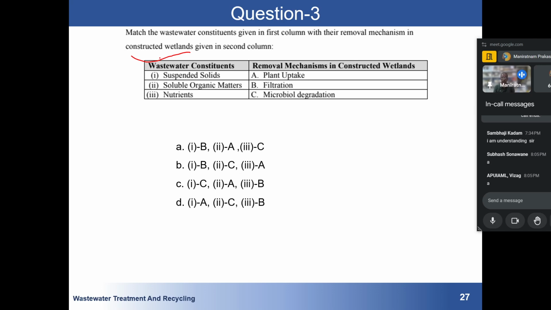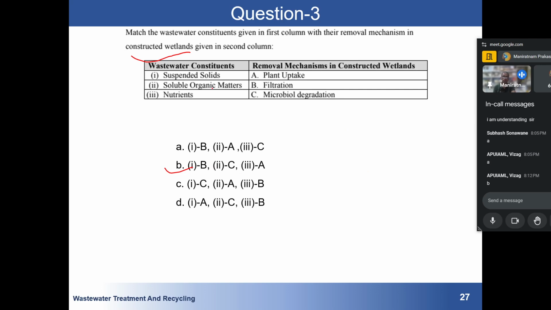In a normal process, how are suspended solids, organic matter and nutrients removed? We have answer B. First is B, C, A. Yes, BCA will be the correct answer.